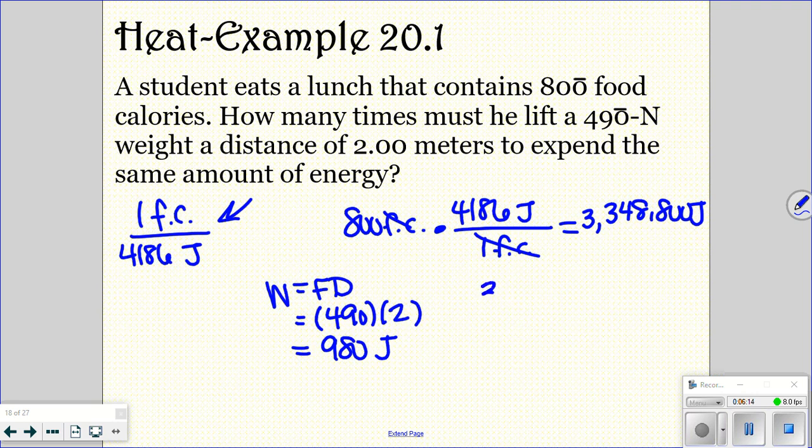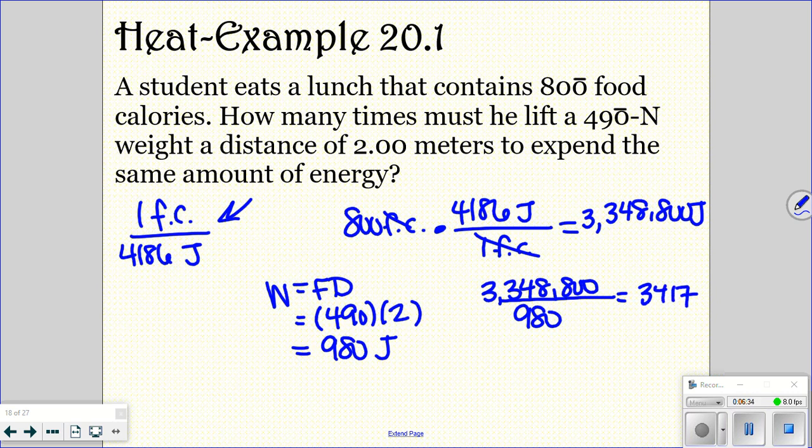So then you're just going to take your 3,348,800 and divide it by the 980. And that comes up with 3,417.